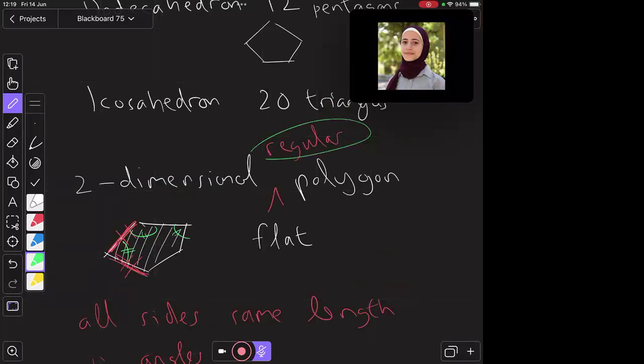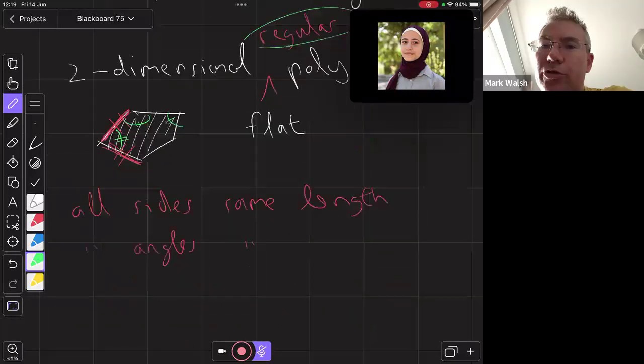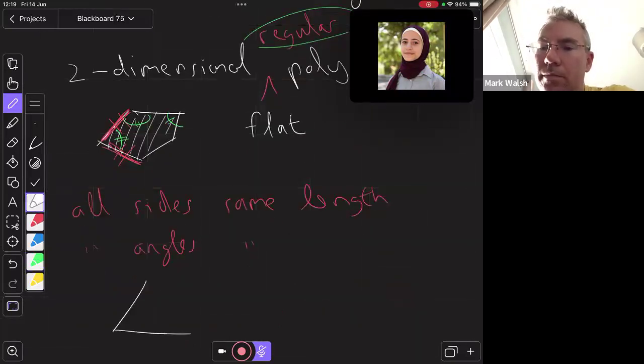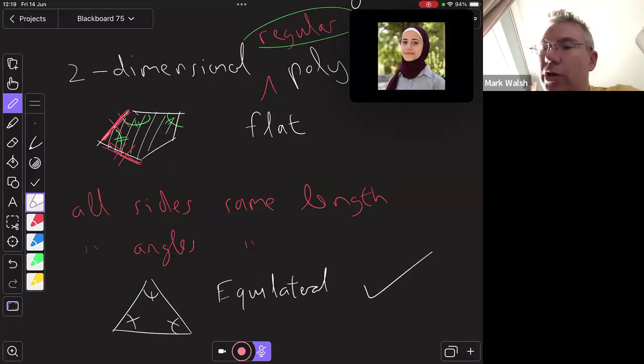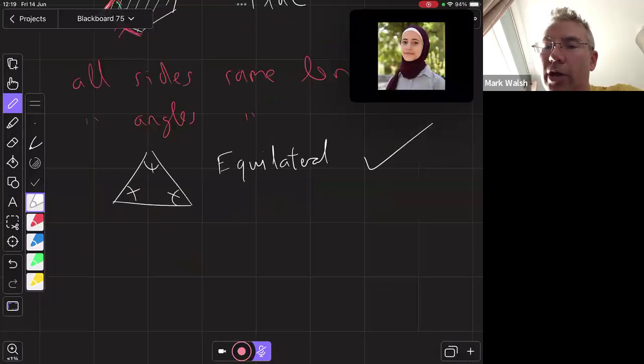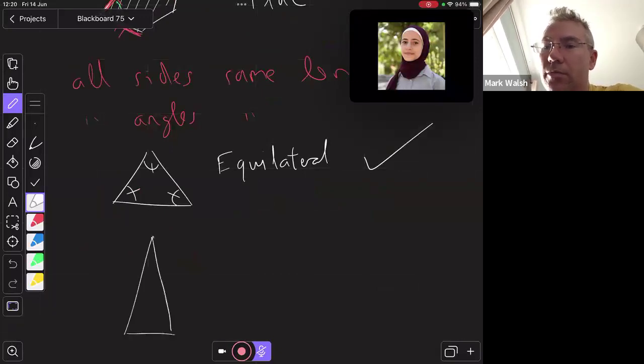Everyone happy with that definition of a regular polygon? Yes. Okay. So for example, an equilateral triangle, each of these sides being the same. An equilateral triangle works, yes. But a triangle like this, no. This would not work. Okay? Yeah.